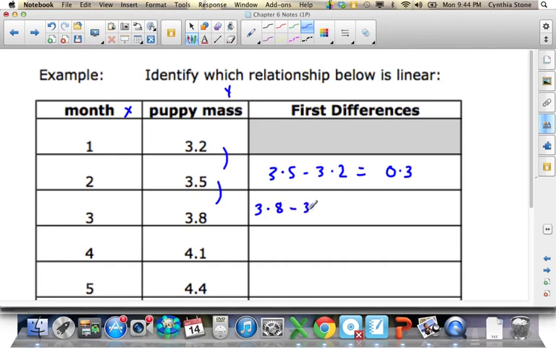This looks linear to me. 0.3. Okay, so I'll do one more, but once you've done it twice and it's the same, almost for sure it'll be the same all the way down, but for the sake of argument, we'll do one more. I might as well finish the table, but in this one. So because first differences are constant, this is a linear relationship.